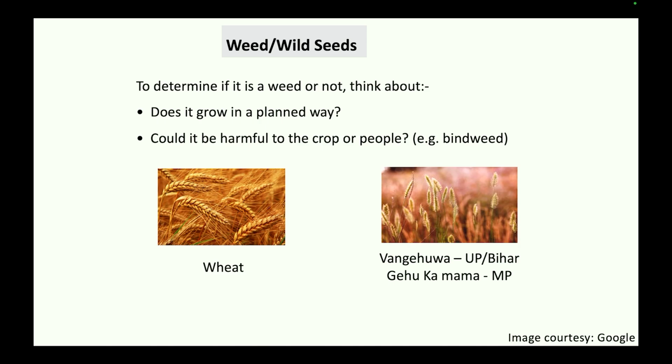To determine if it is a weed or not, think about this: does it grow in a place where it is not planted? And could it be harmful to the crop or people? Like in UP and Bihar, there is a weed which is called gehua, or in MP, it is called Gehu ka Mama.